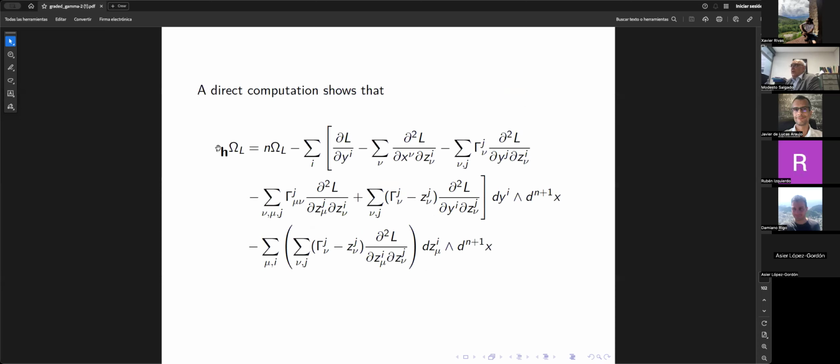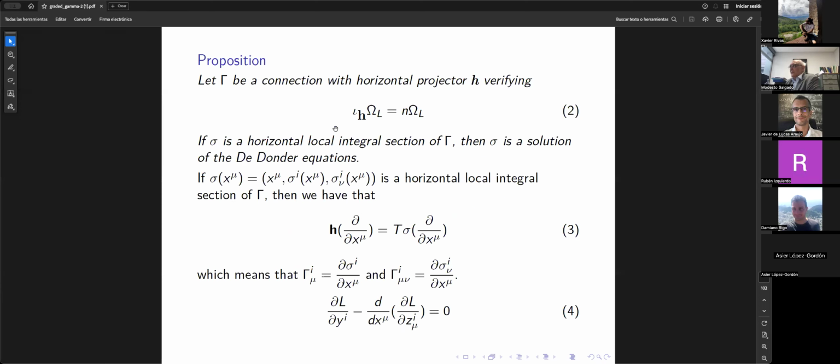And we can perform this computation, and it is easy to see that if this is 0, so if we have a connection satisfying this equation, then the rest is 0, and you can immediately see that if this Ehresmann connection has an integral section like this, sigma, one can prove that we obtain the Euler-Lagrange equations from this equation.